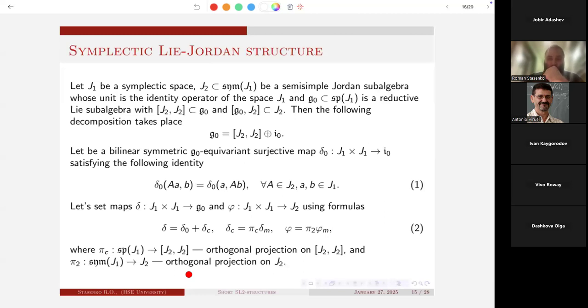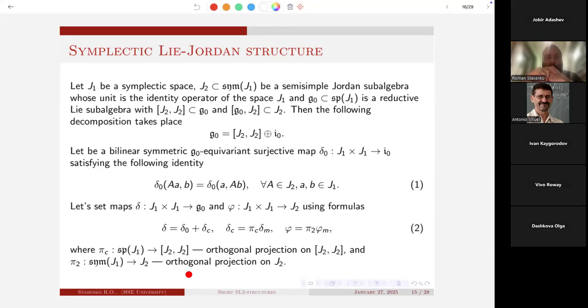So here we are ready to introduce the object that gives us a one-to-one correspondence in the case of short Lie algebras.